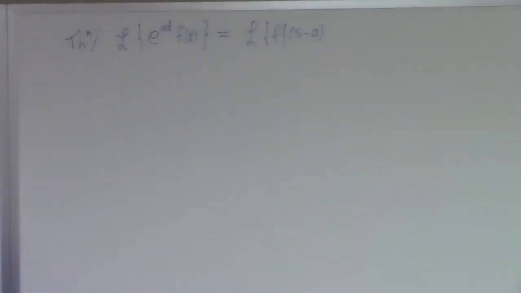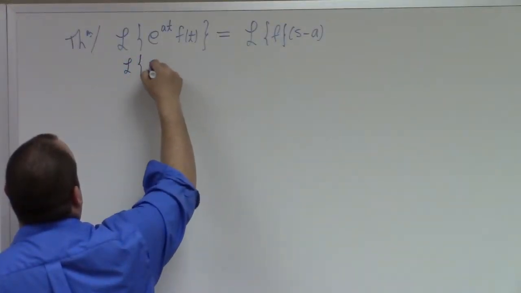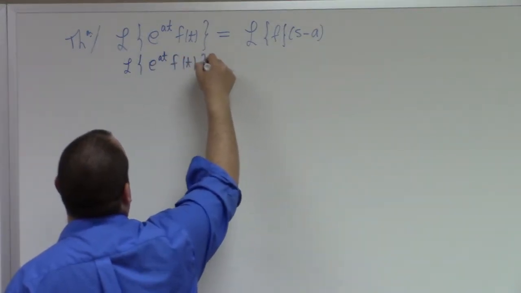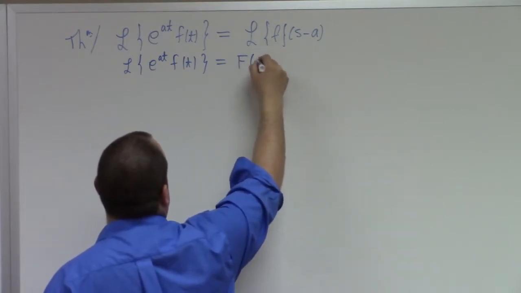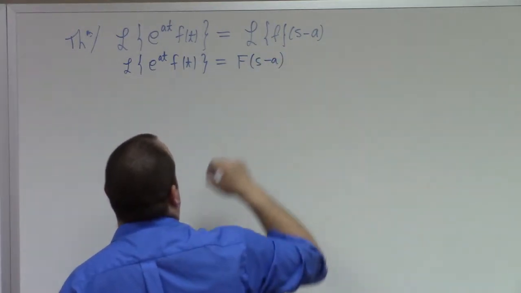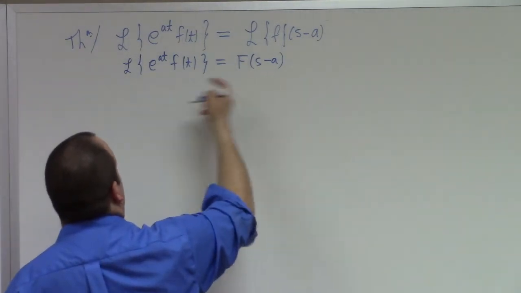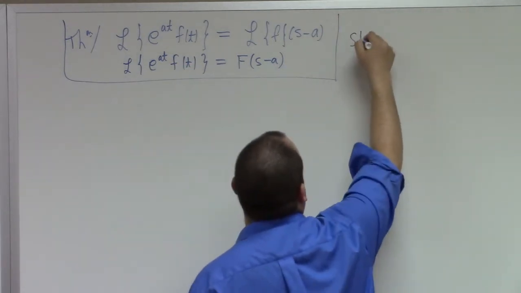Or if I was to use a different notation, the Laplace transform of e to the at times f of t is equal to the Laplace transform of f evaluated at s minus a, okay? Sometimes I think this notation is clearer for this, but whatever. This is called the Shift Theorem.